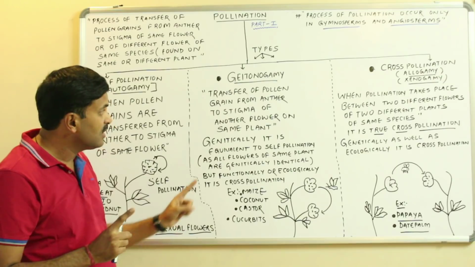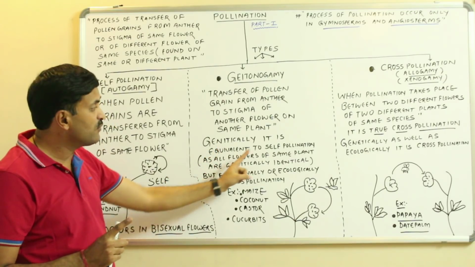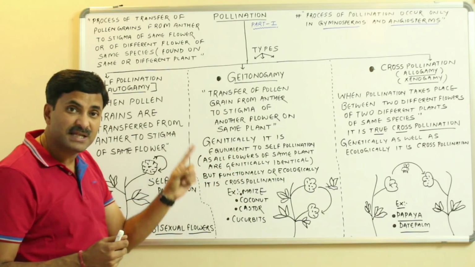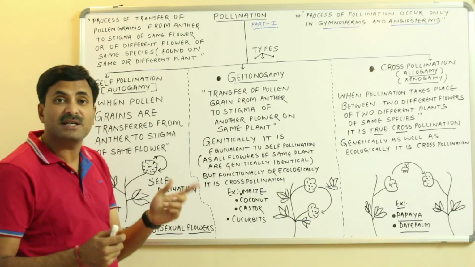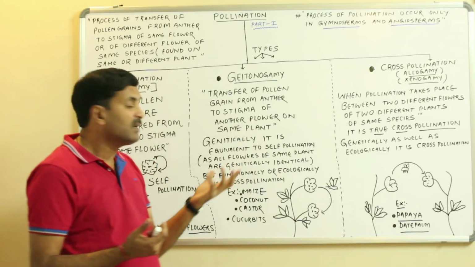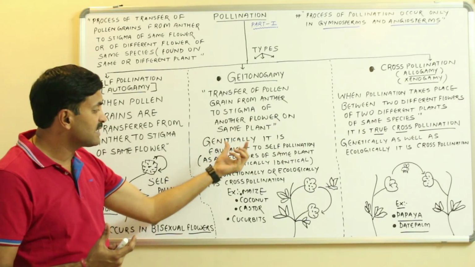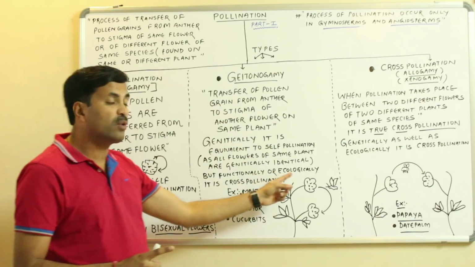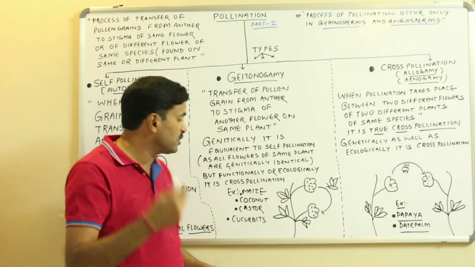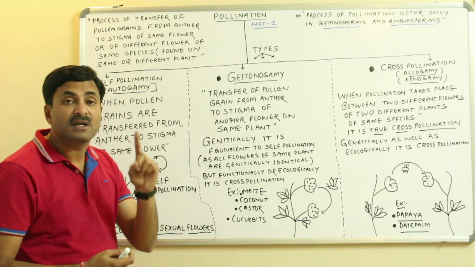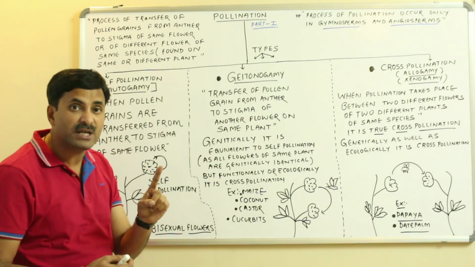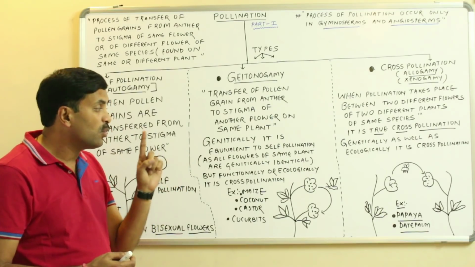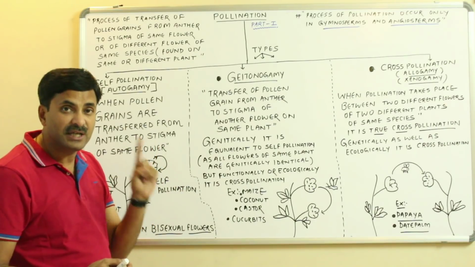Always remember, genetically we treat geitonogamy as equivalent to self-pollination, because all the flowers present on the same plant are genetically identical. That's why geitonogamy is genetically treated as self-pollination. But functionally, or ecologically, it is cross-pollination. It is not treated as self-pollination functionally and ecologically; it can be treated as self-pollination only from the genetic point of view.